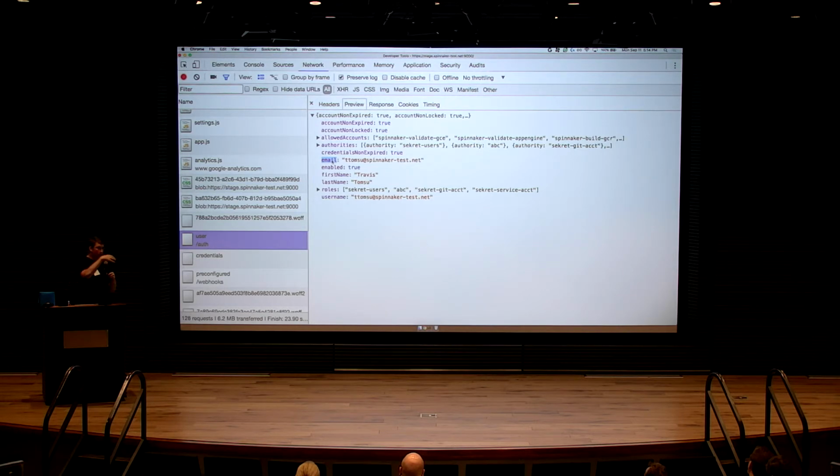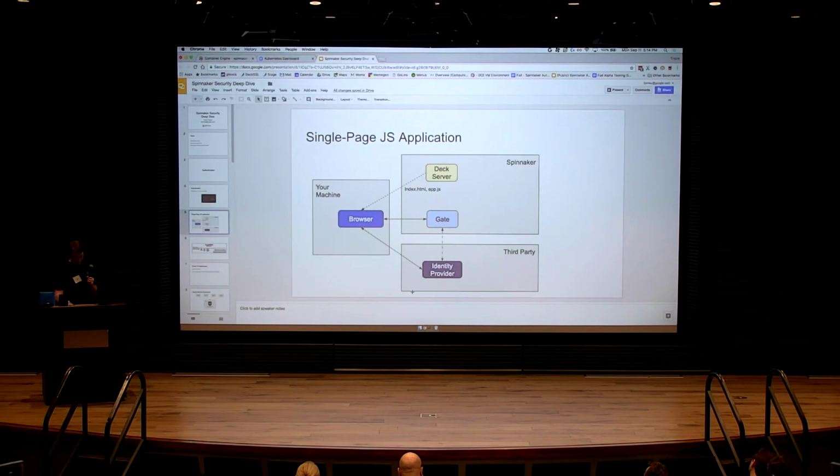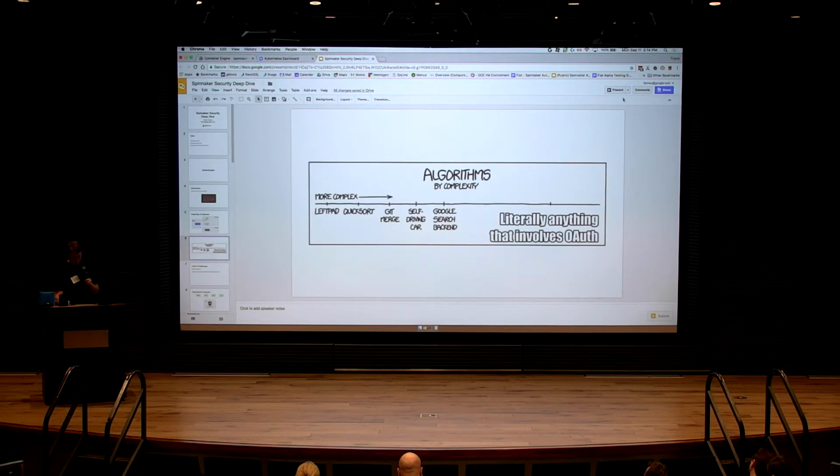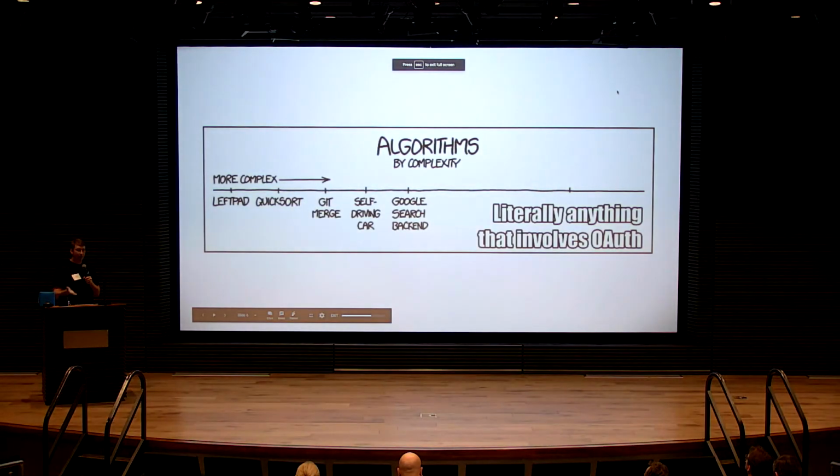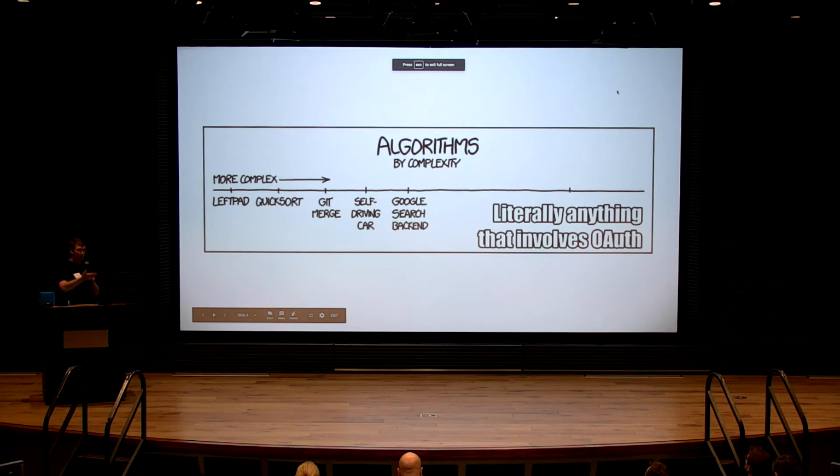So that's kind of how Deck and Gate have this dance back and forth, passing control between Deck, Gate, and the identity provider to actually go through your whole login flow. And this means so much more now that we've walked through that, because it is a complex process.